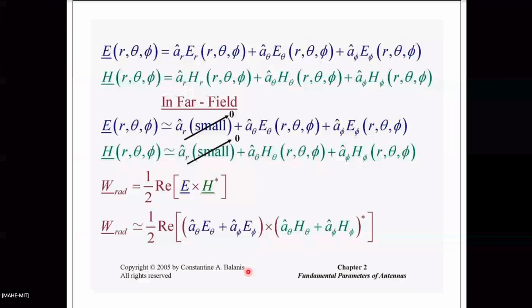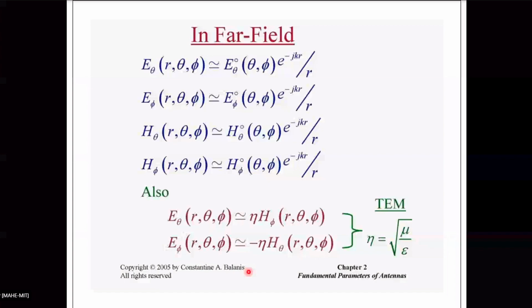Okay, so this is what I explained earlier. E theta of r theta phi is E theta naught of theta phi times e raised to the power of minus j k r by r, because the r dependence is given like this. The electric field is inversely proportional to r. Now this is the delay factor for the wave to travel from the antenna to that specific point. E raised to the power of minus j k r is the phase delay, the part contributing to the phase delay.